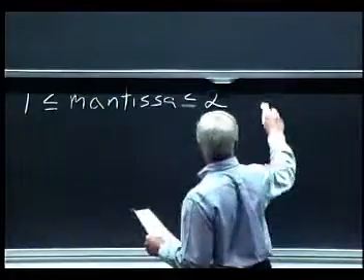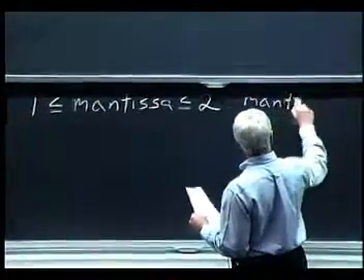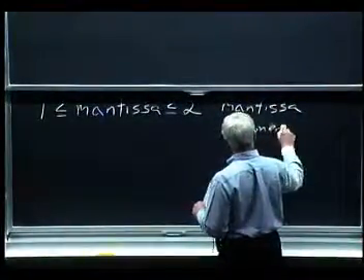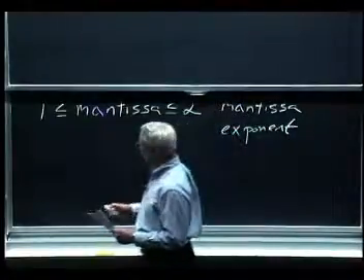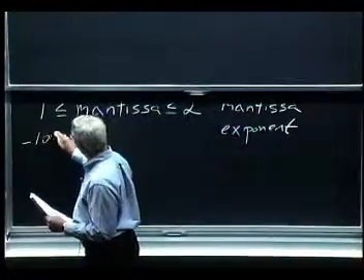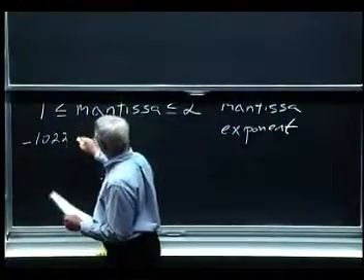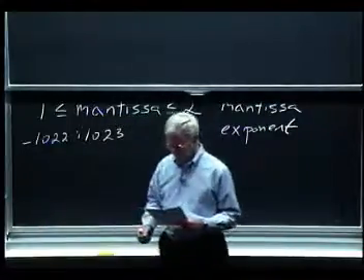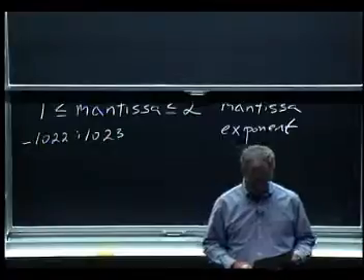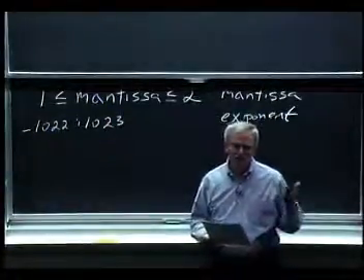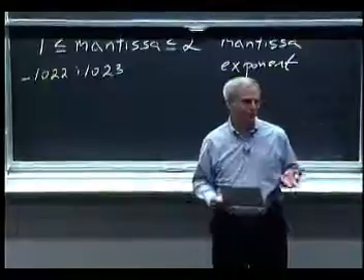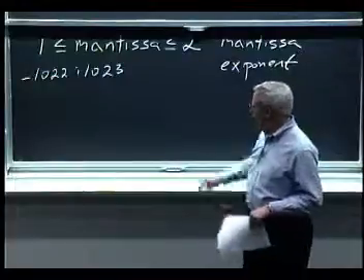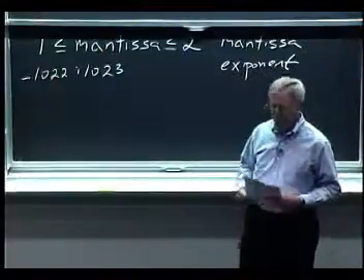The exponent is in the range minus 1022 to plus 1023. So this lets us represent numbers up to about 10 to the 308th, plus or minus. So quite a large range of numbers.